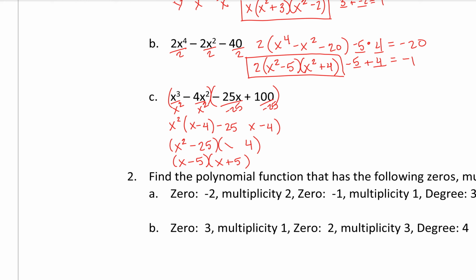And then that x minus 4 comes down. I can factor no further, so these are all 3 of my factors.